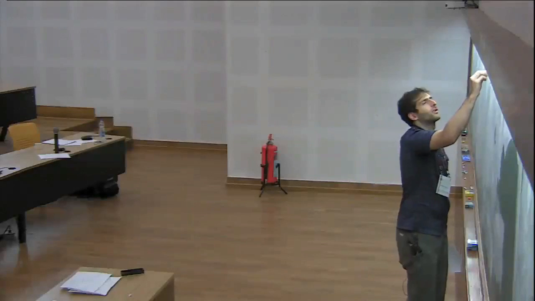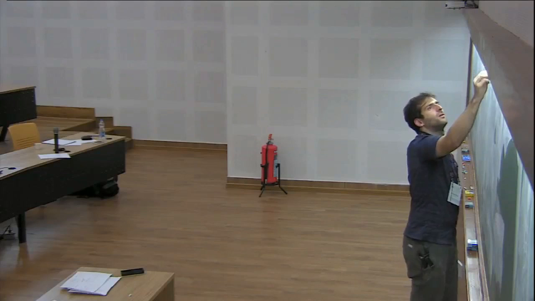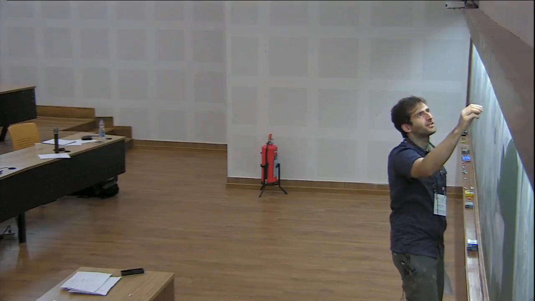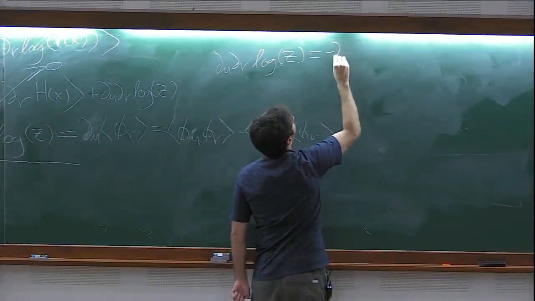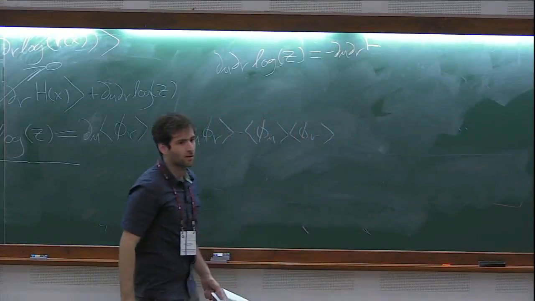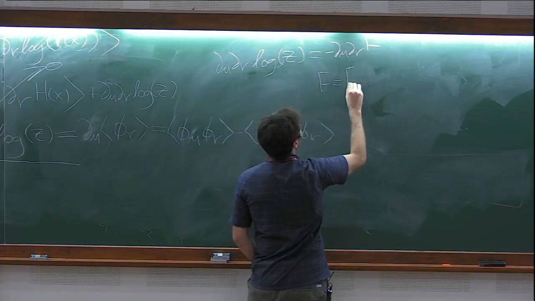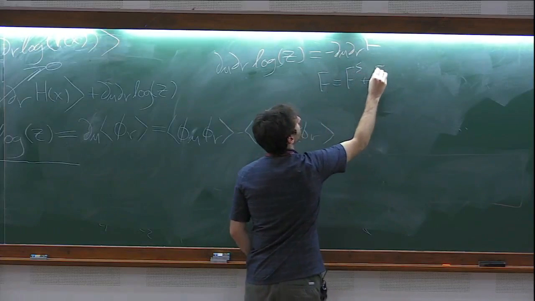So d mu d nu log z, I can write as minus d mu d nu f. And f, I can write as f singular plus f analytic.